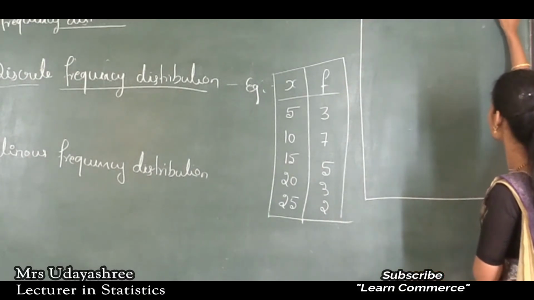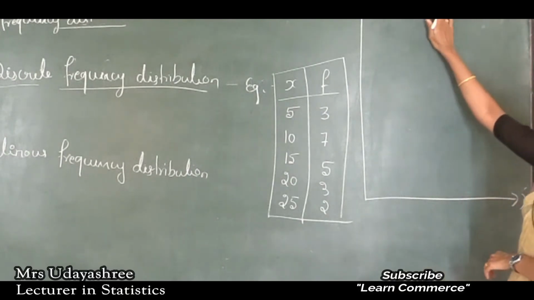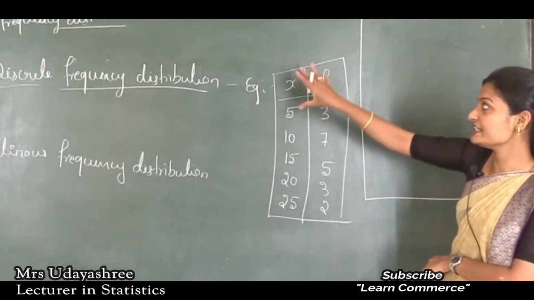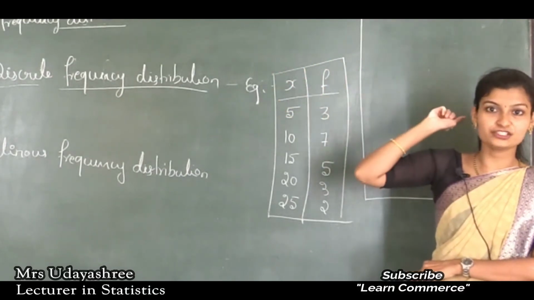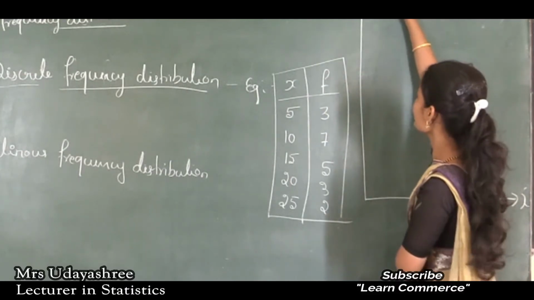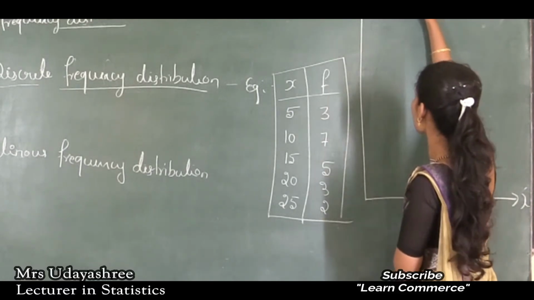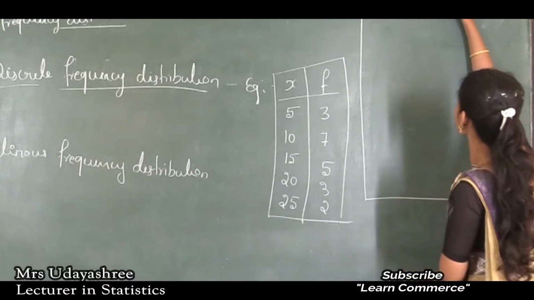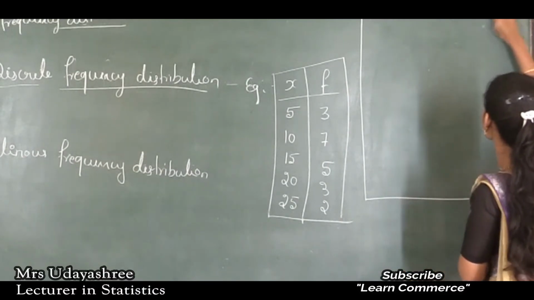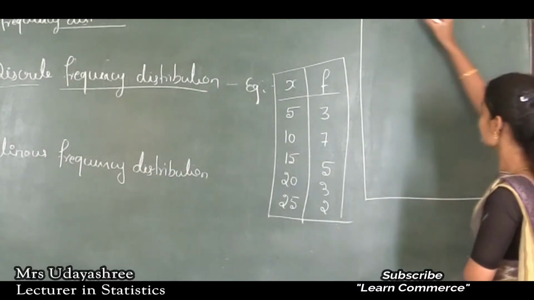First we need to take a scale for the x-axis and y-axis, but before that, we need to write a title. Since the given information is a discrete frequency distribution, a suitable title is frequency polygon of discrete frequency distribution.